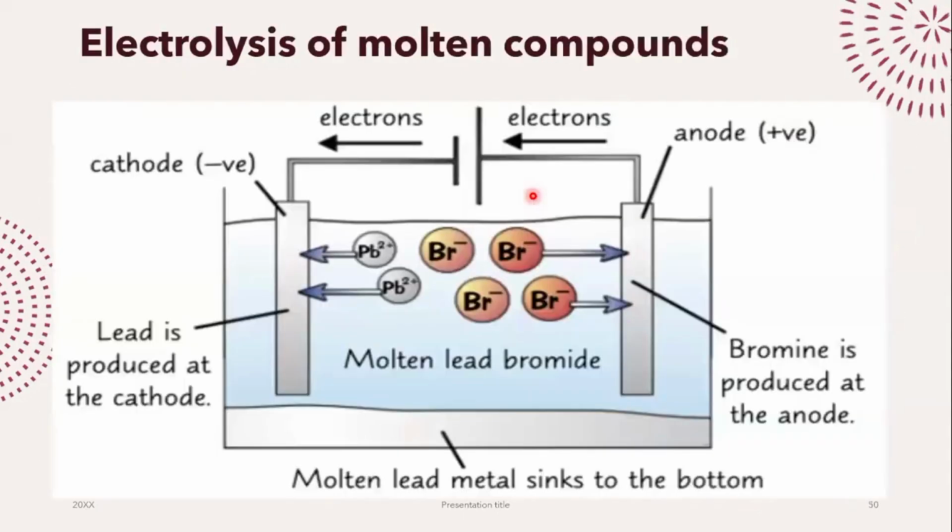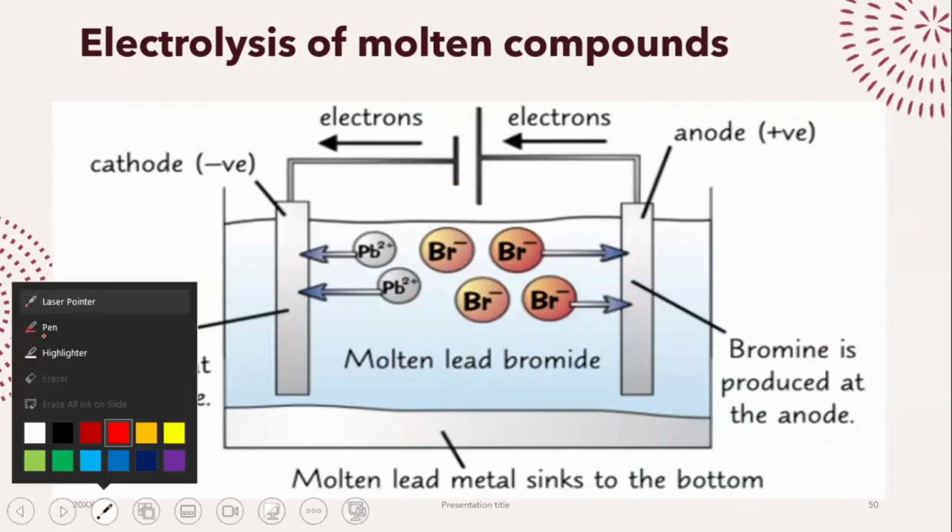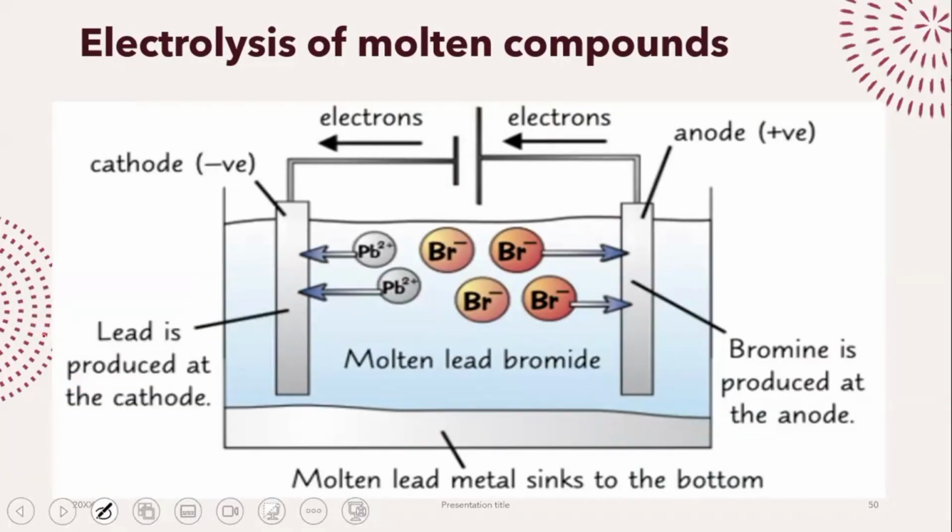Now, when we talk about electrolysis, let's take a simple example of molten lead bromide. Obviously we have lead bromide. That lead bromide is going to have lead ions as well as bromide ions.